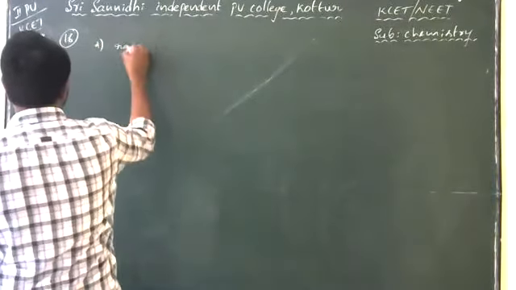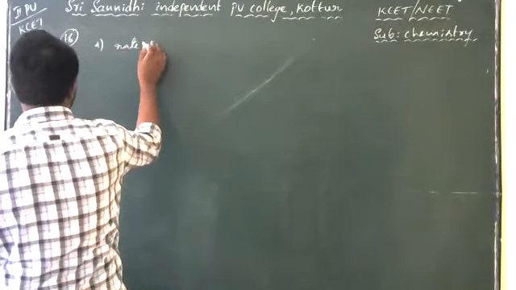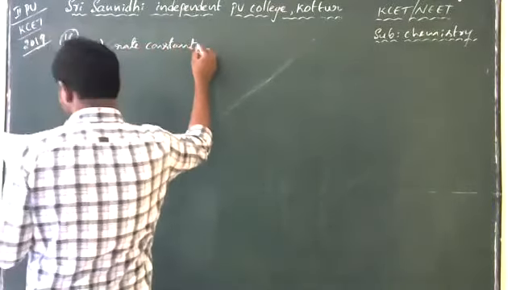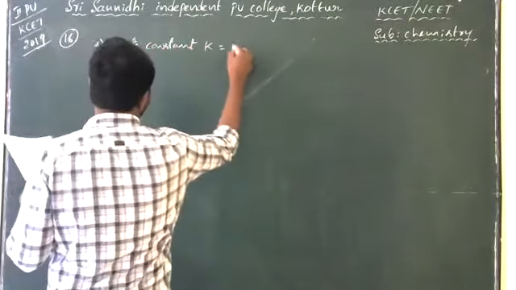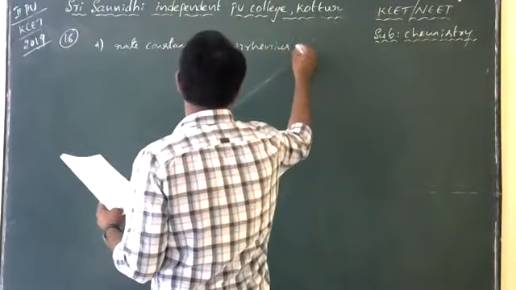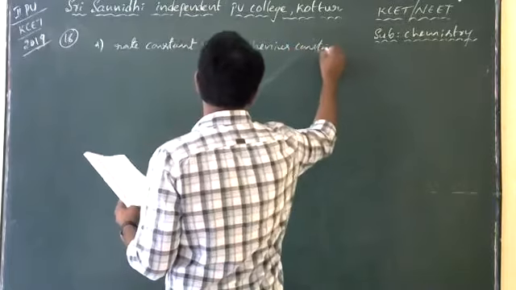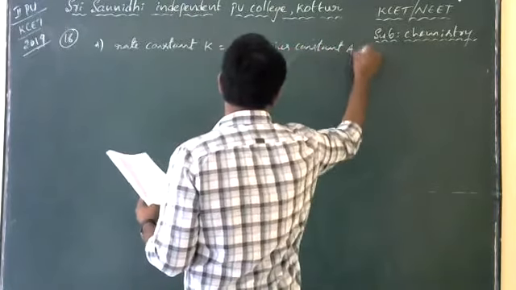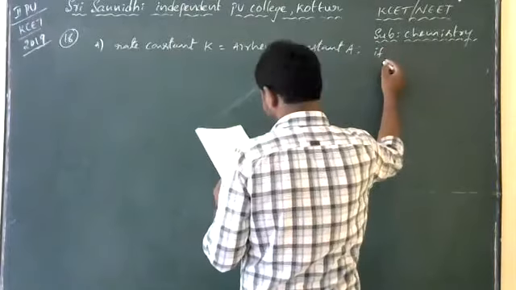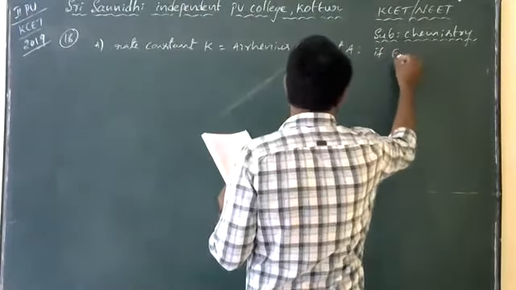Rate constant K is equal to Arrhenius constant A, if EA is equal to 0.